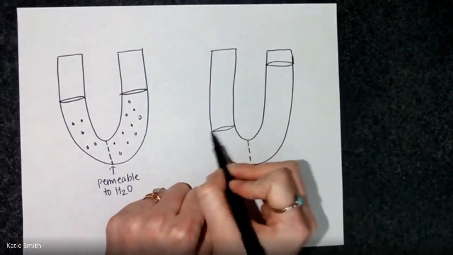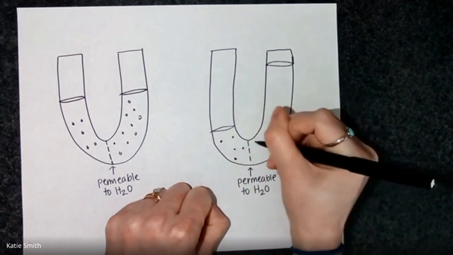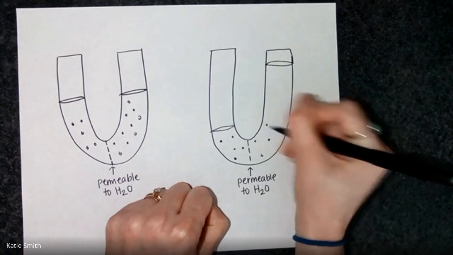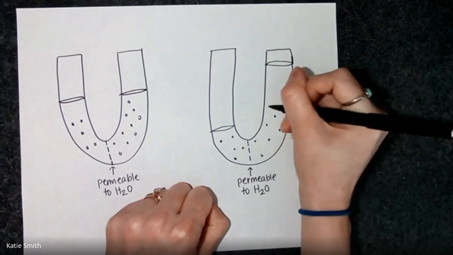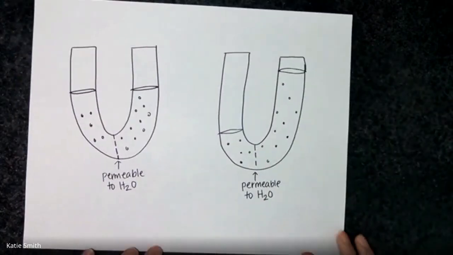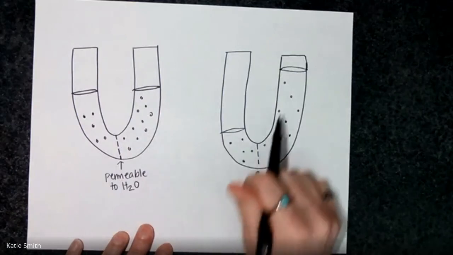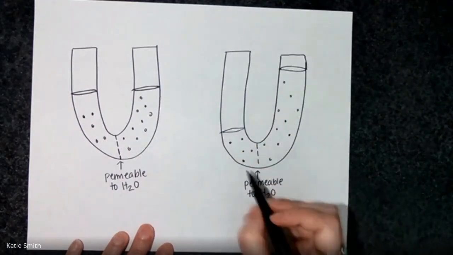So the water will move in the direction that will allow an even amount of space between the molecules. Like here, they're all crammed together, and so it's going to move where those molecules can spread out.